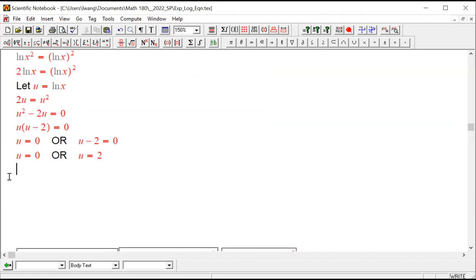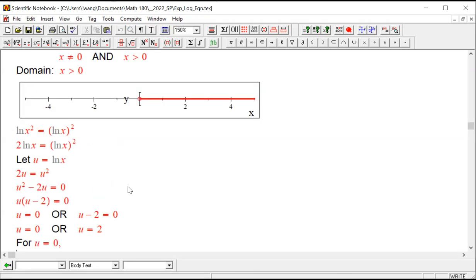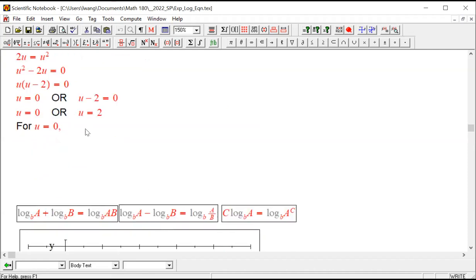So for u equals 0, what do we get? That means ln x equals 0, right? And solving this equation, of course, x equals to 1, right?